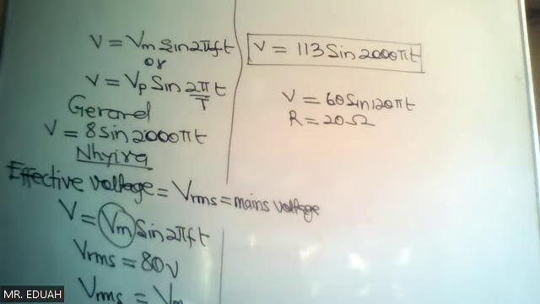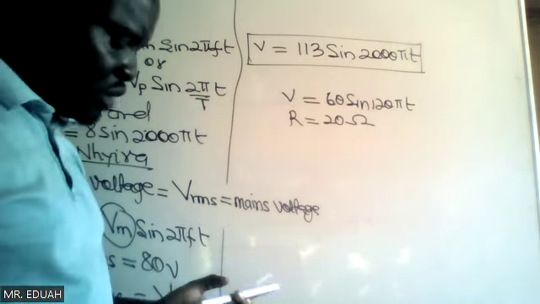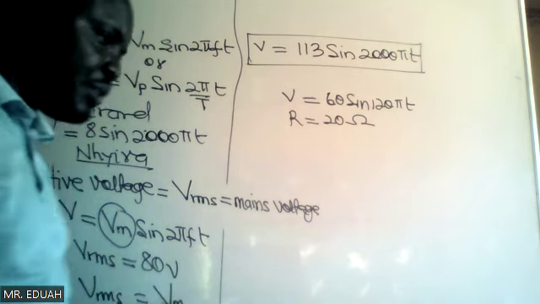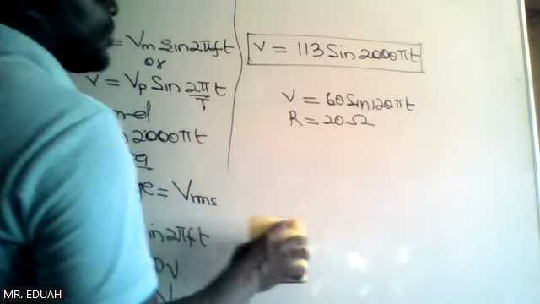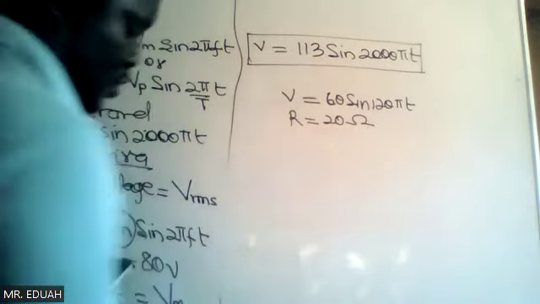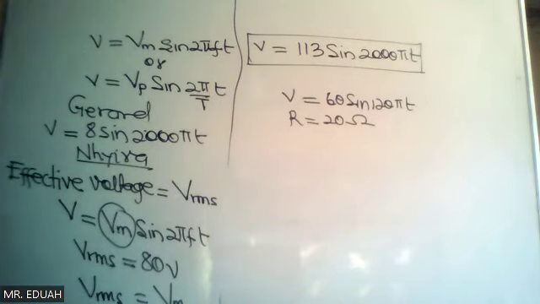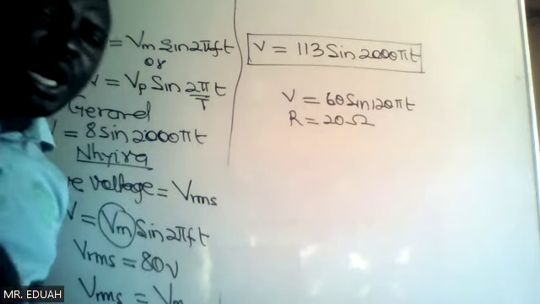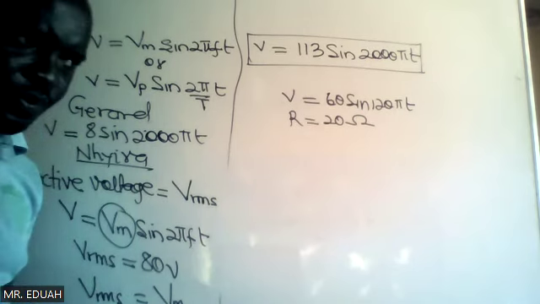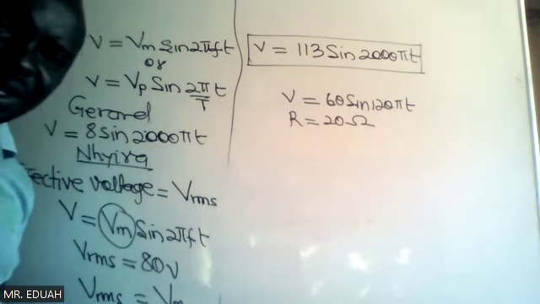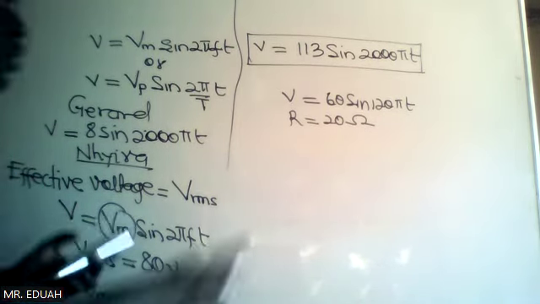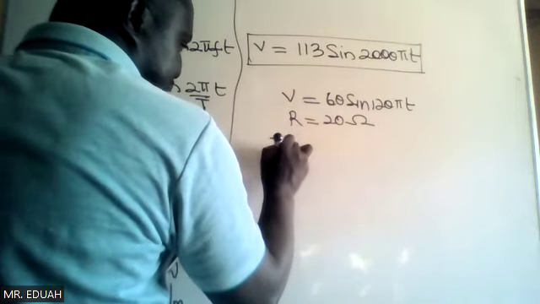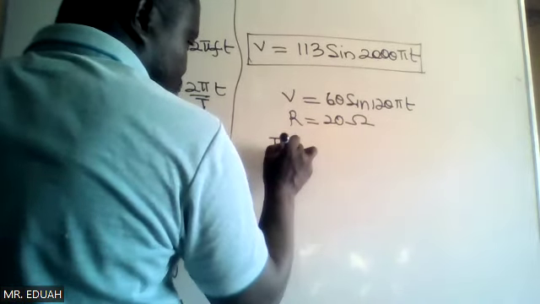So what we are looking for is the current. An ammeter reads current flow. But here, since it is the reading of the instrument, the instrument reads the root mean square value of the current, which is the effective value of the current. So what the instrument reads must be the RMS value.